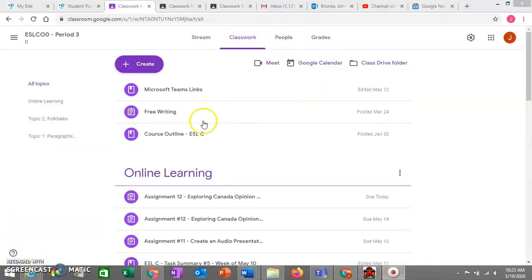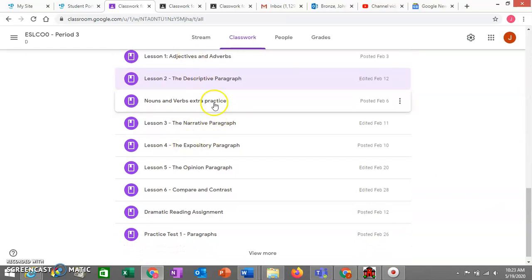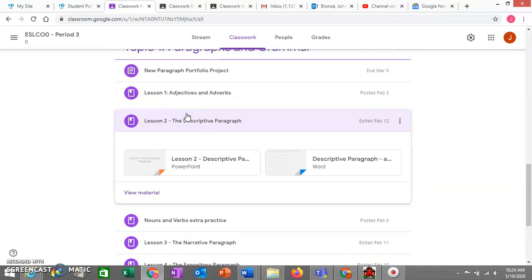Okay, so here we are in classwork in Google Classroom, and if you go down to the very beginning of the course, again, you can see all these lessons that we did on writing different types of paragraphs. So descriptive paragraph is here. You can see the lesson on how to write a descriptive paragraph with my example in there for you. And we also have our old assignment there. You probably don't need this one, but you might consider going through this one and seeing my example if that can help you.